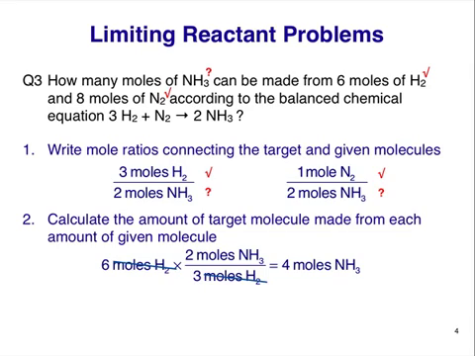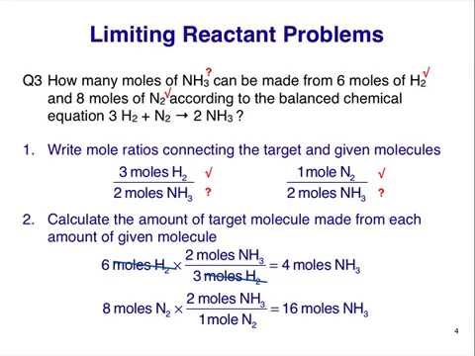Next, we'll set up another calculation for the nitrogen reactant. Our second given was N2, and it's multiplied by the upside down version of the right-hand mole ratio we wrote above. Units cancel. This calculation says that we can make 16 moles of ammonia from 8 moles of N2.